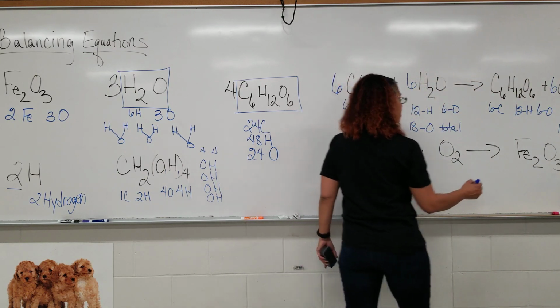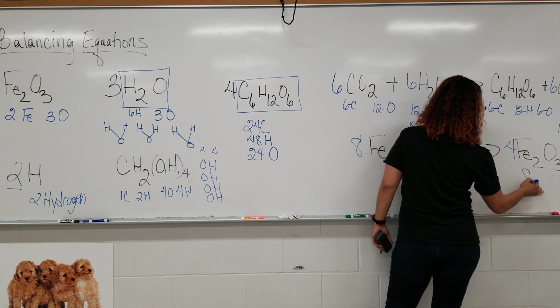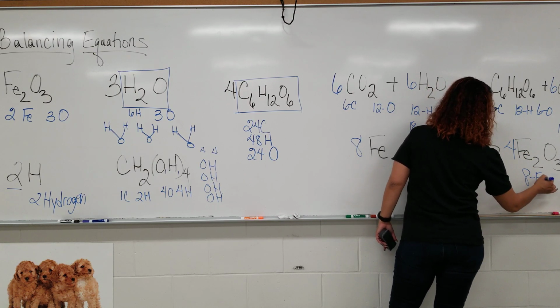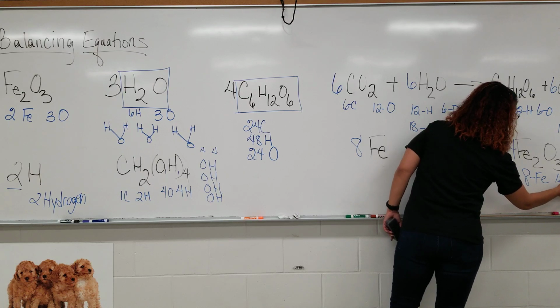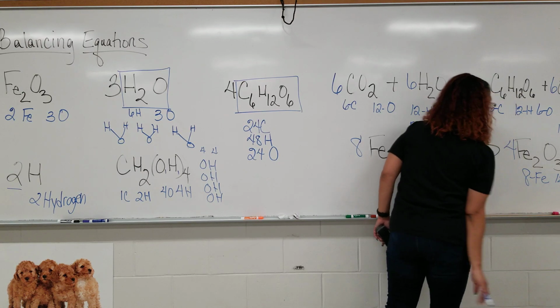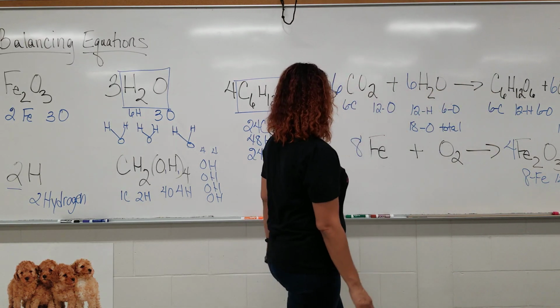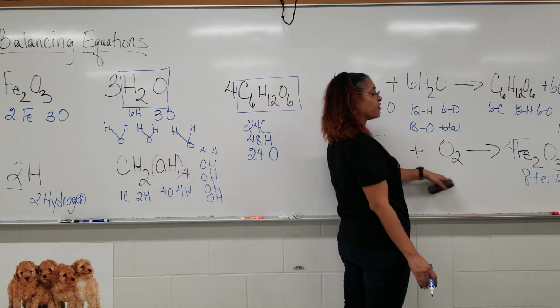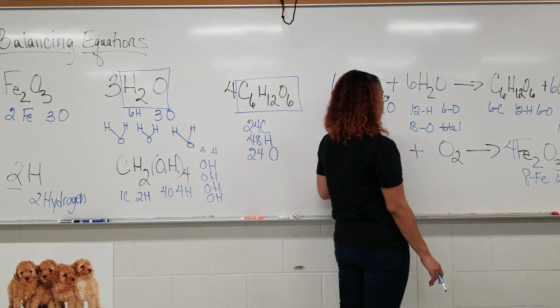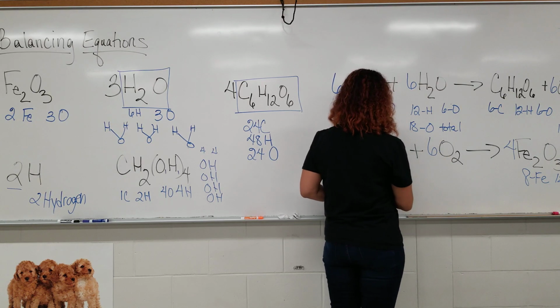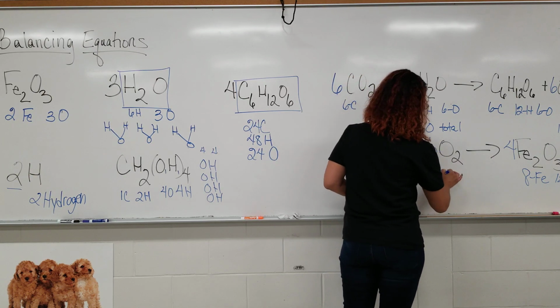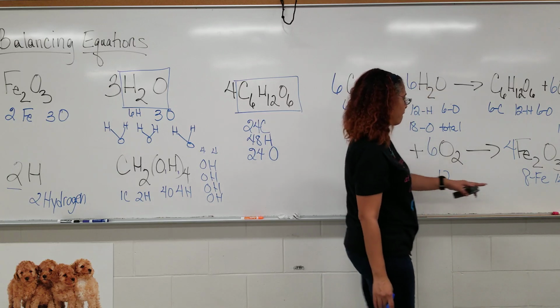8 irons here, 4 times 2 is 8 irons here. This also gives us 12 oxygens here. We would actually need 6 oxygens here. So this is 8, and this is 12.